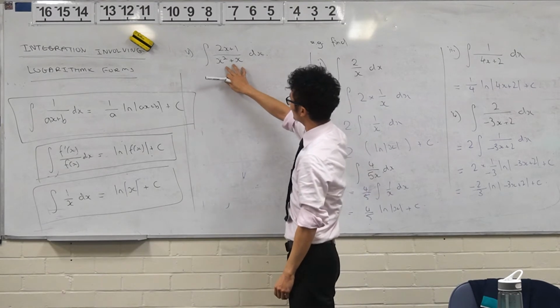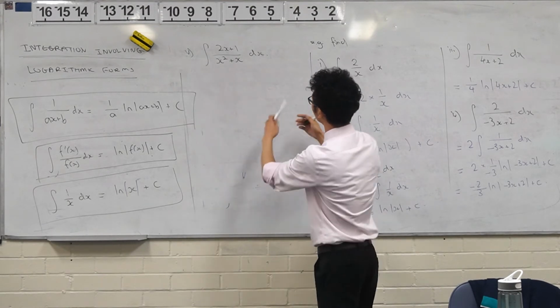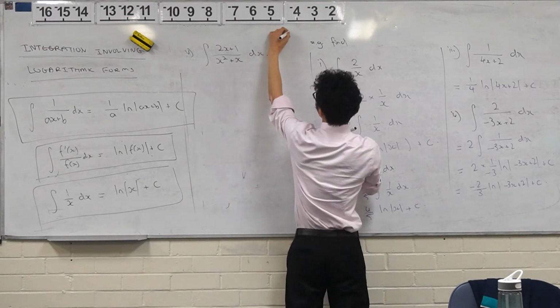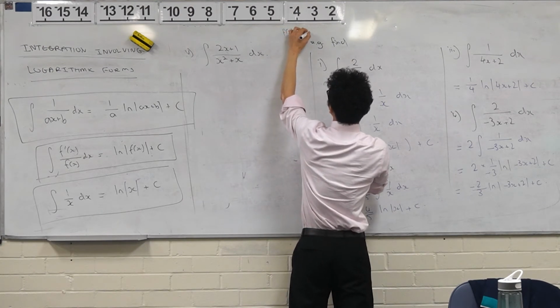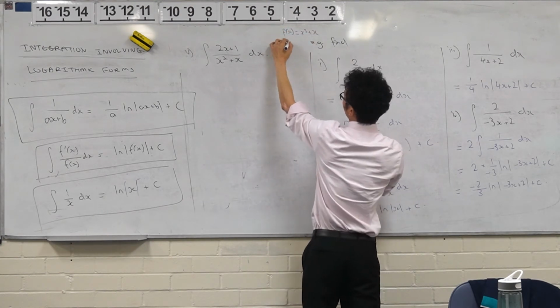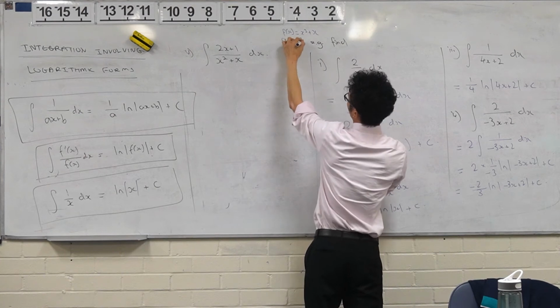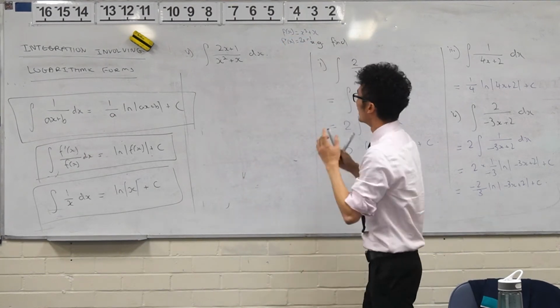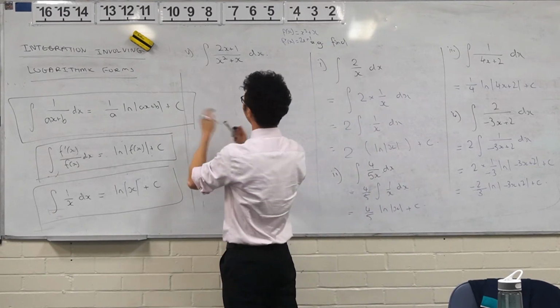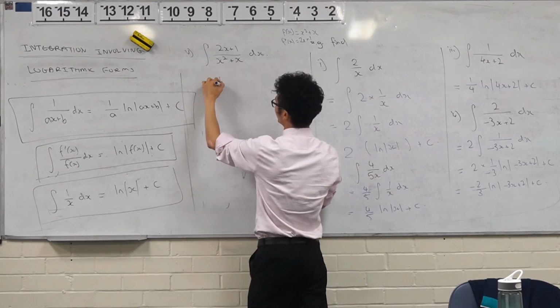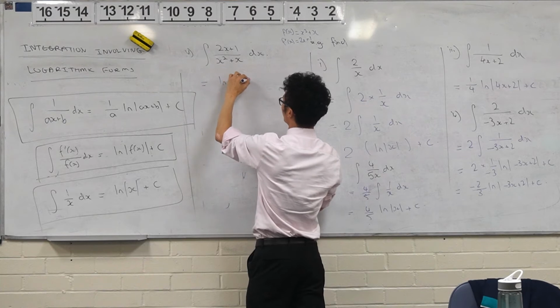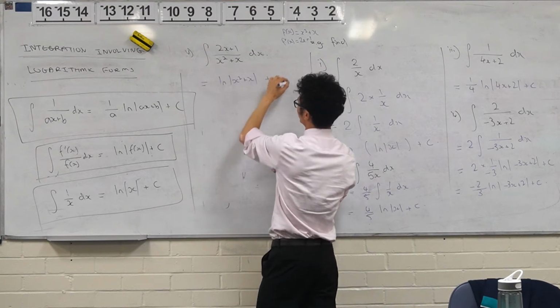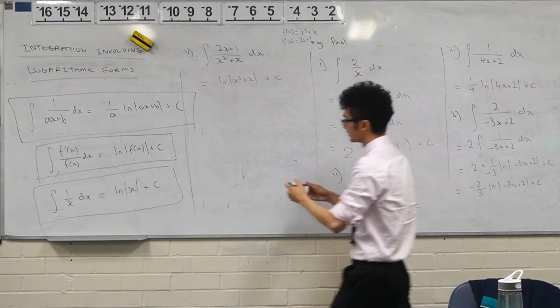But if I check the derivative of this denominator, if this is my f of x, and I took the derivative of that, f dash of x, that would just be 2x, and that becomes 1. I do have 2x plus 1 over here. I could just integrate that immediately as ln of x squared plus x plus any constants there, right? So that's just something to be aware of.